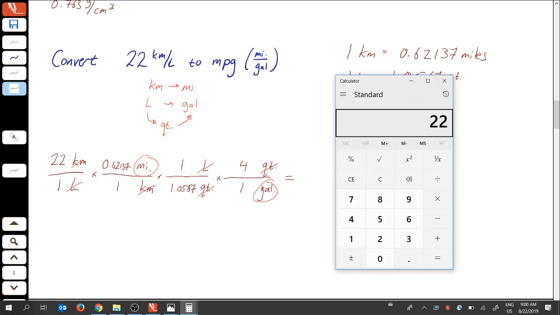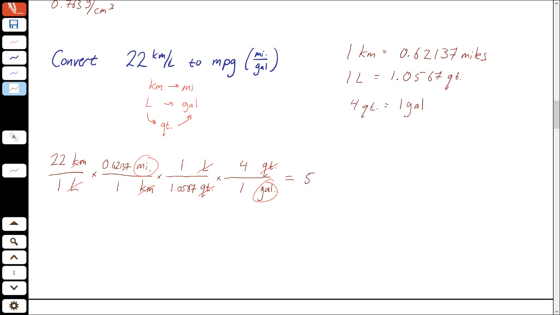So 22 times 0.62137 divided by 1.0567 times 4 is 51.7, which we're going to round to 52 miles per gallon.